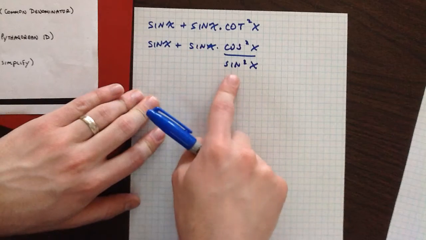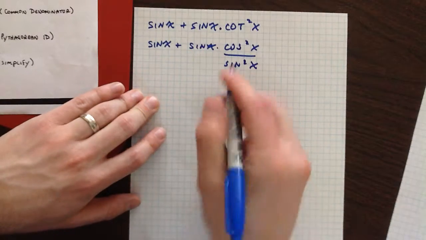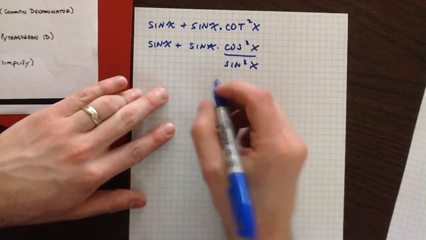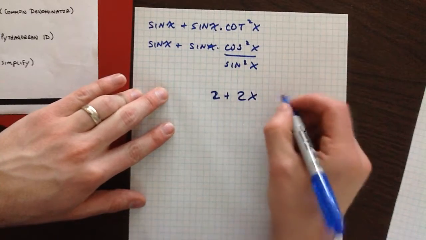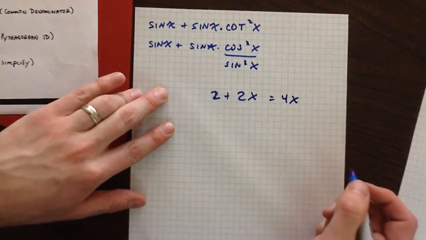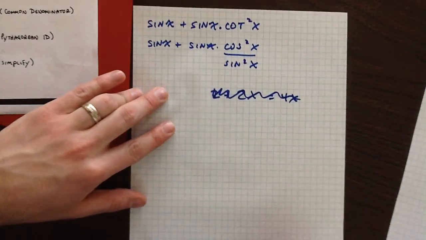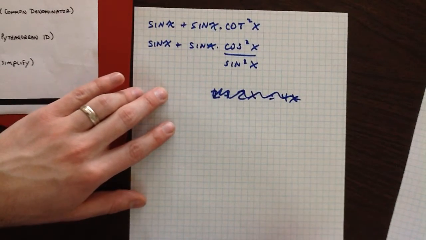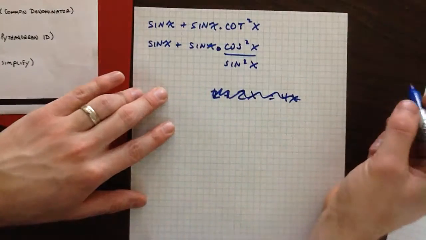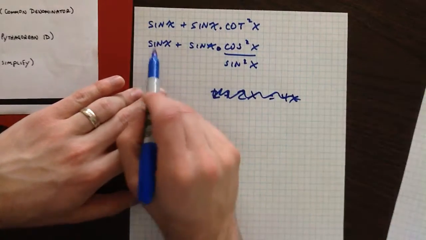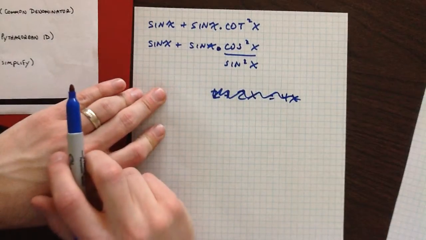Can you add 2 sine of x's? You can have 2 sine x. Can I do 2 plus 2x and get 4x? Okay. Can't combine those. You can't combine sine x and x. It's multiplication over addition.